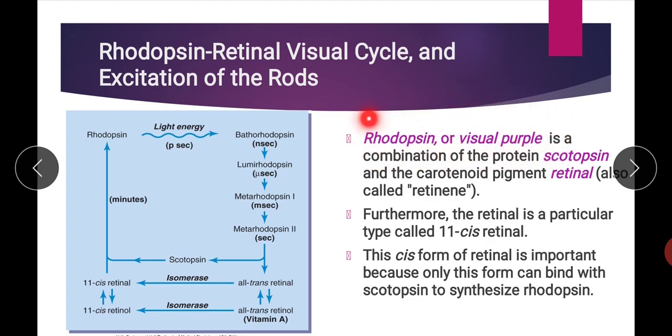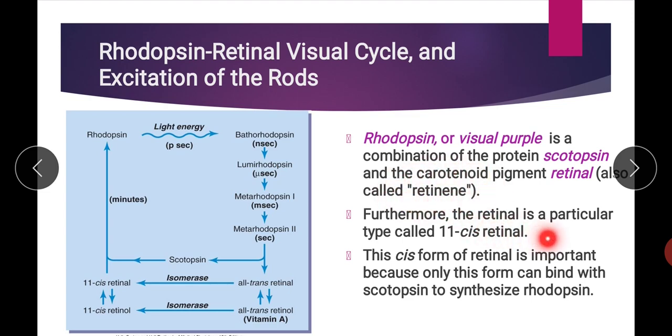If you remember our previous lecture, we discussed that when we see the retina as such, it has a purplish tint, and this purplish color of the retina is mainly because of rhodopsin, which is also known as visual purple. It is a combination of the protein scotopsin and the carotenoid pigment retinal, which is also known as retinene.